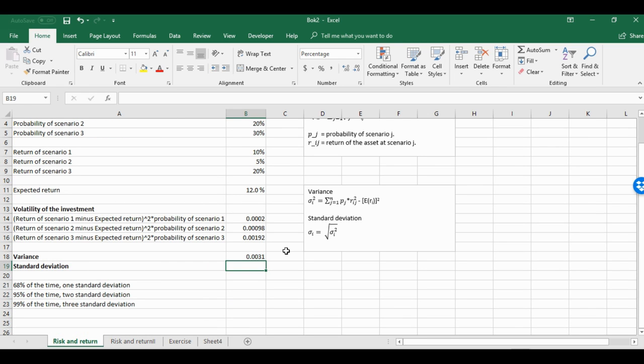Standard deviation is the square root of the variance. This gives a standard deviation of 5.57%.